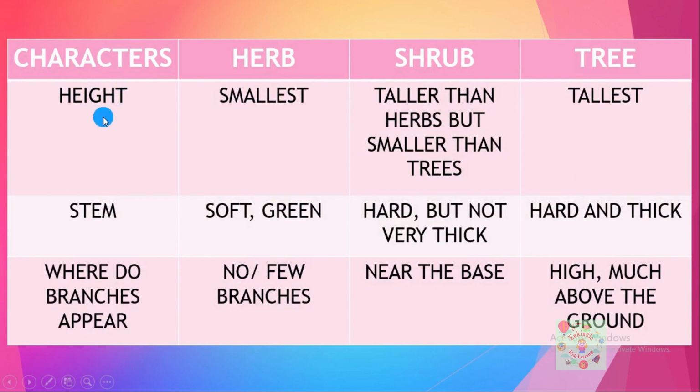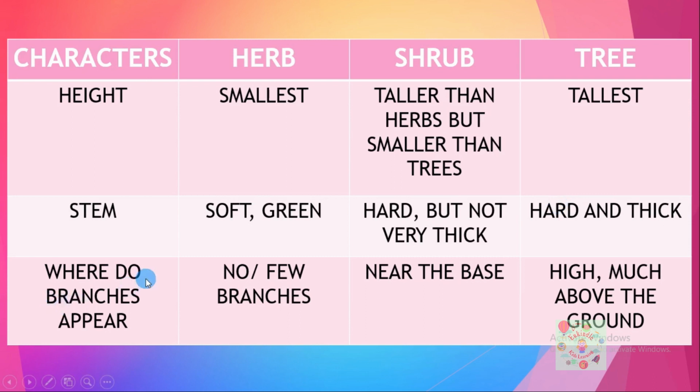Based on their height, herb is the smallest, whereas shrub, it is taller than the herbs but smaller than trees, whereas tree is the tallest. Based on stem, herb has got soft and green stem, whereas shrub has hard but not very thick stem, and the tree has got the hardest and thickest stem.